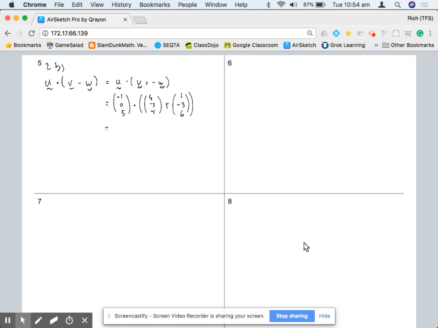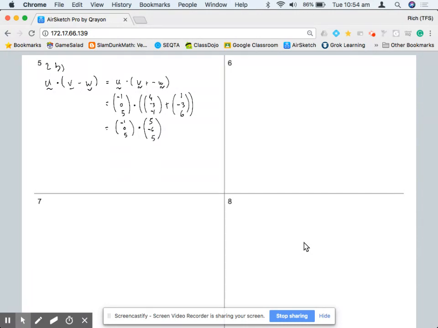I'm now going to just work out the brackets, really, rather than try using the distributive law. I think that would be pretty ugly to use. So you've got negative 1, 0, 5 is the u vector, dot product with 4 plus 1 is 5, and then minus 3 plus minus 3 is minus 6, and negative 1 plus 6 is 5.